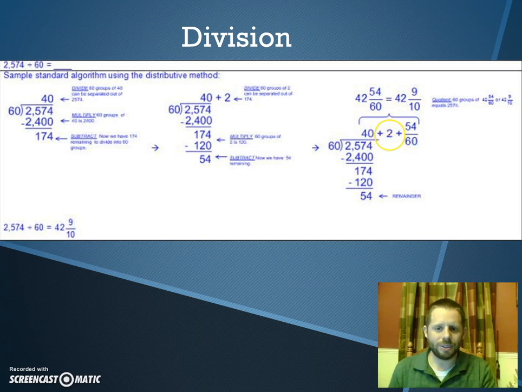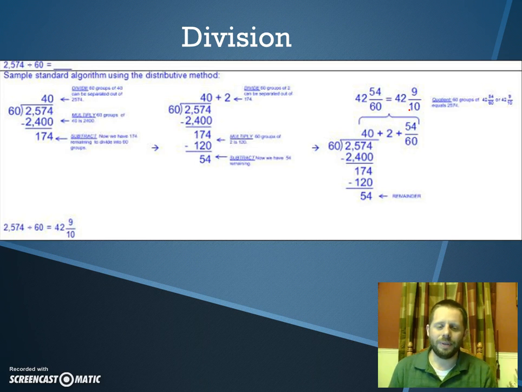We do 40 plus 2 is 42. So that makes 42 and 54/60ths, which could be simplified because both 54 and 60 are divisible by, I'm sorry, they're both divisible by 6. And so we can divide 54 by 6 to get 9, and 60 divided by 6 gives us 10. So this can be simplified to 42 and 9/10.